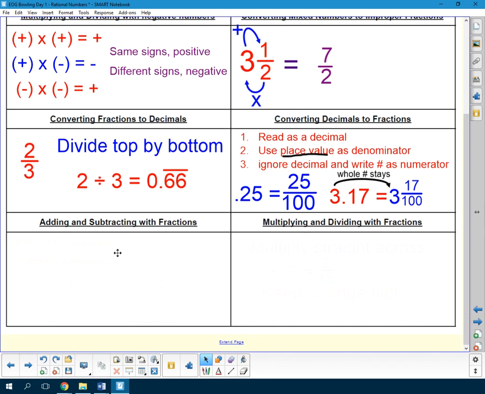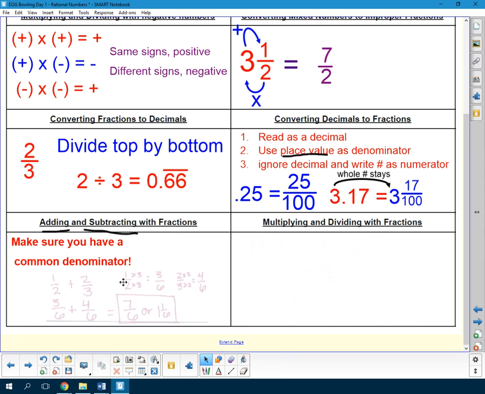If you want to add and subtract with fractions, a couple big things. One big thing is you have to make sure that you have a common denominator when you add and subtract. If you don't have a common denominator, you're going to be sadly out of luck. What I've done is I've copied some work that I did in the past and just put it on here. If you want to do 1/2 plus 2/3, then you're going to need to convert the halves to sixths and convert the thirds to sixths so you can add those to each other.